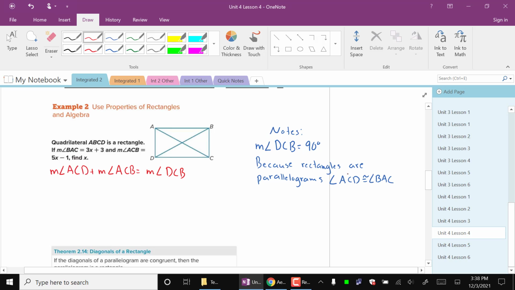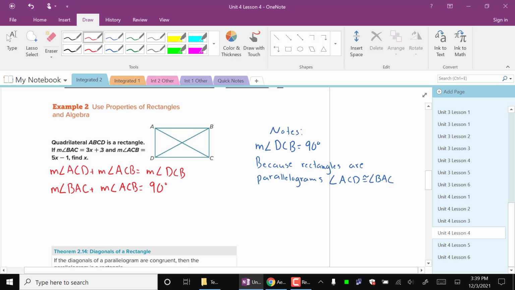Well, using this idea that we have over here, ACD is congruent to BAC, which we have information about. So I can substitute in, since they're congruent, they're going to be equal measures. This is going to be measure of angle BAC plus measure of angle ACB equals, and as we said, this is just 90 degrees.